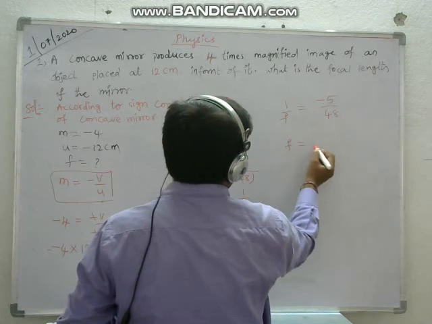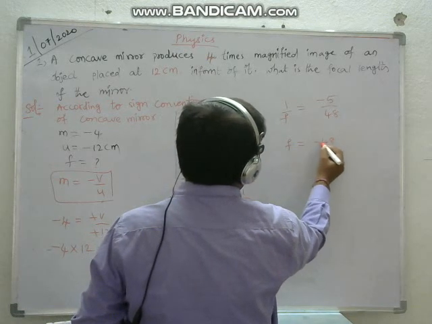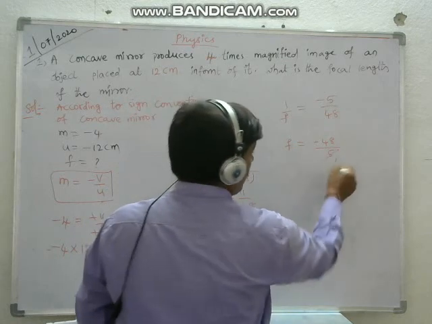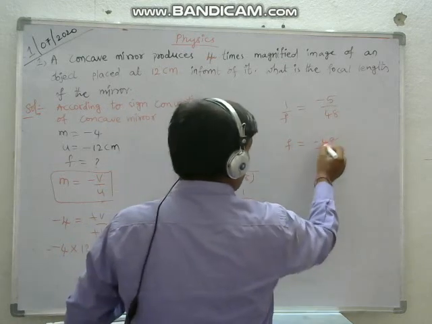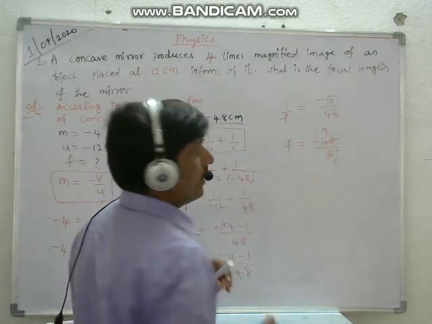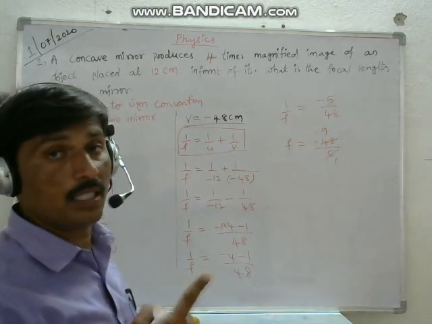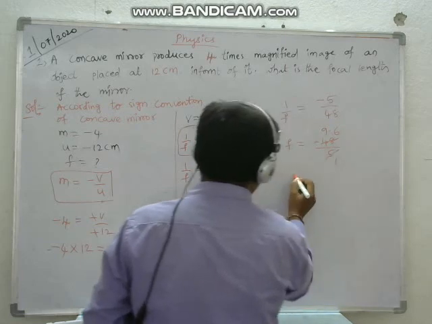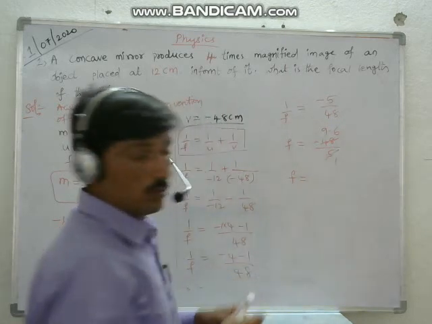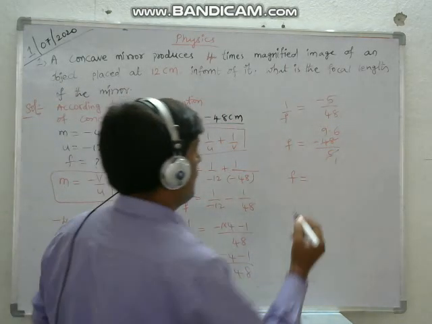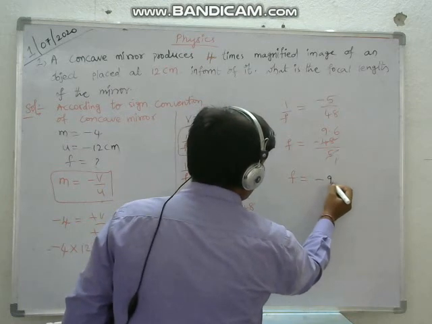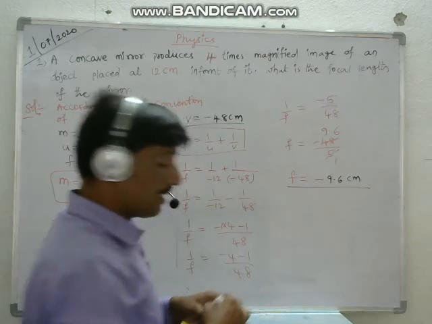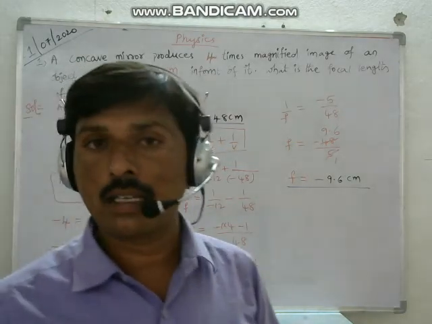Then f is equal to minus 48 by 5. 5 nines are 45, left is 3, then taking the decimal it becomes 30, so 9.6. So the focal length f is equal to minus 9.6 centimeters.